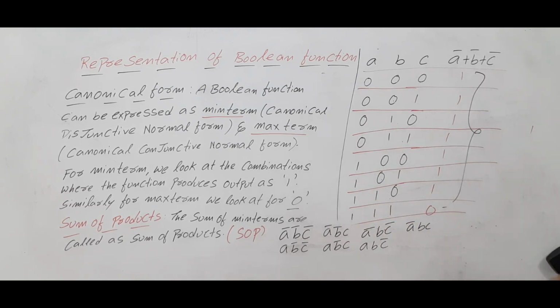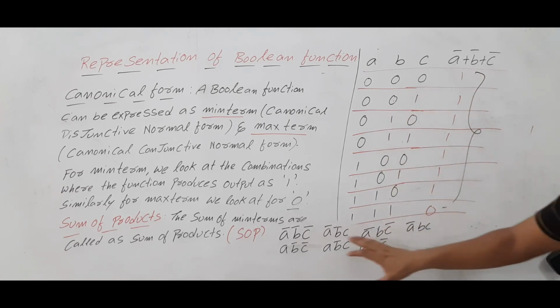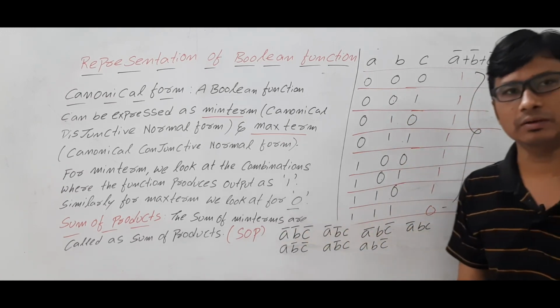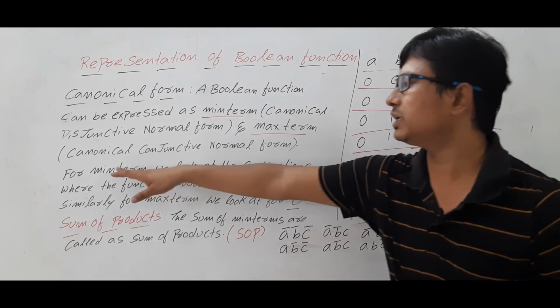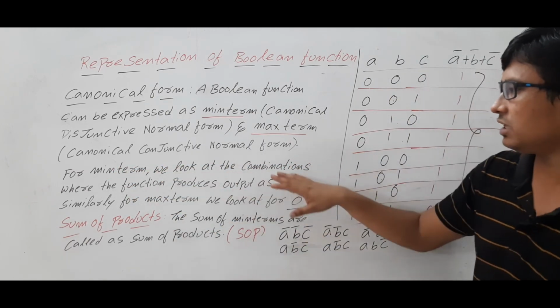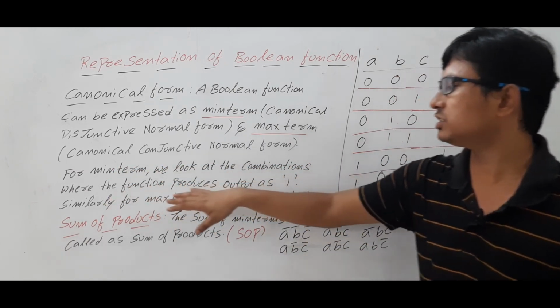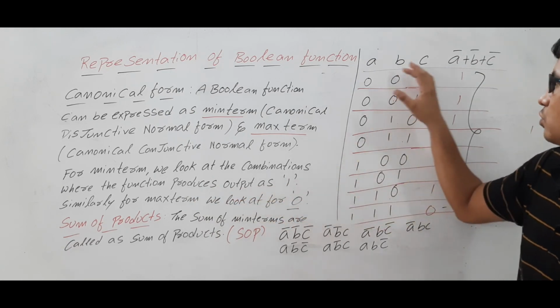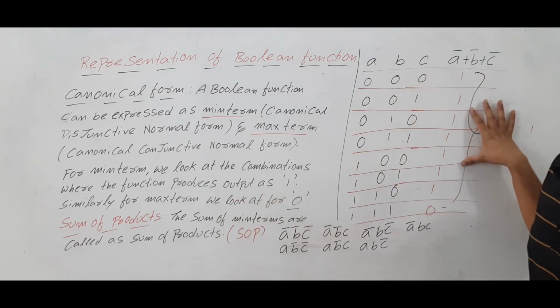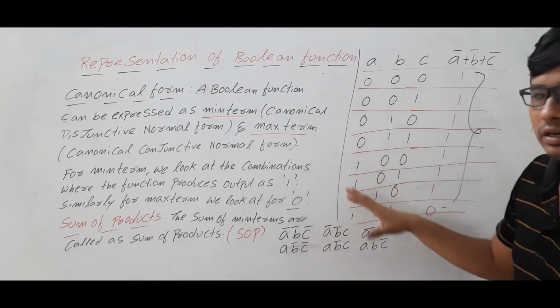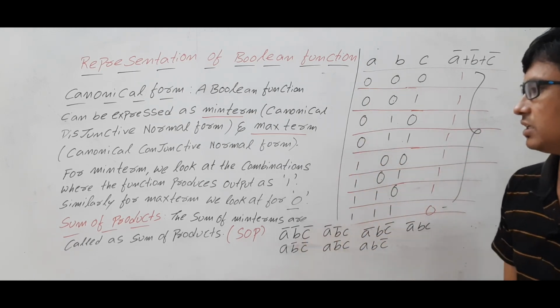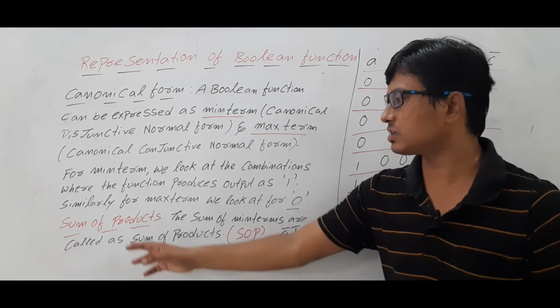So totally how many ones are there? 7 ones are there. So we got the 7 min terms. So that's what we call the min term. For min term, we look at the combinations where the function produces output as 1. For this one, it produces an output of 1. So we have represented it.